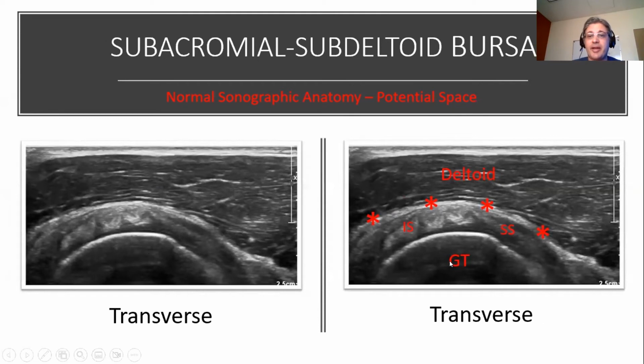Where's the bursa located? Deep to the acromion, deep to the deltoid, right in the area where these stars are, a potential space in someone without frank bursitis. You can't see it.